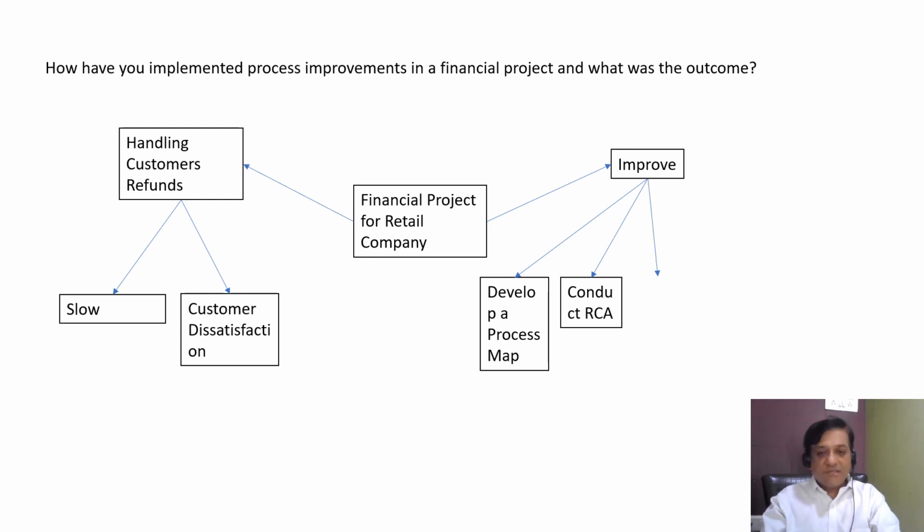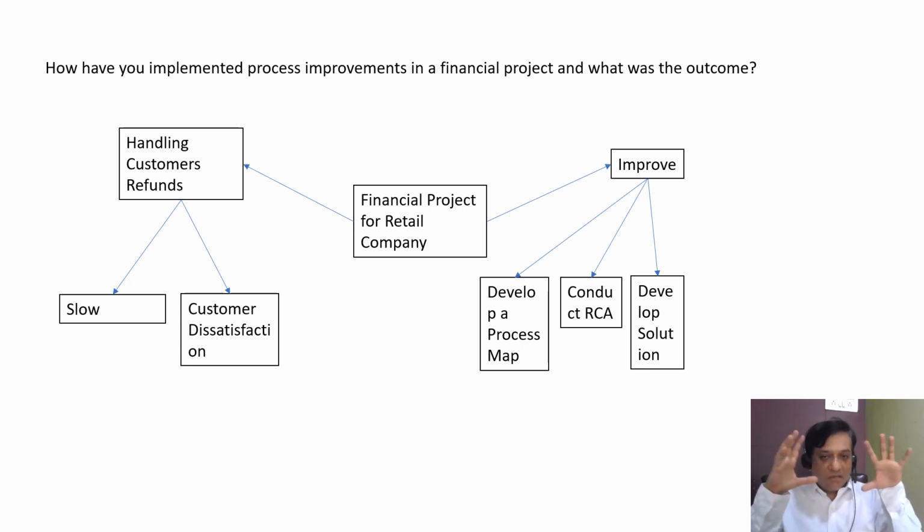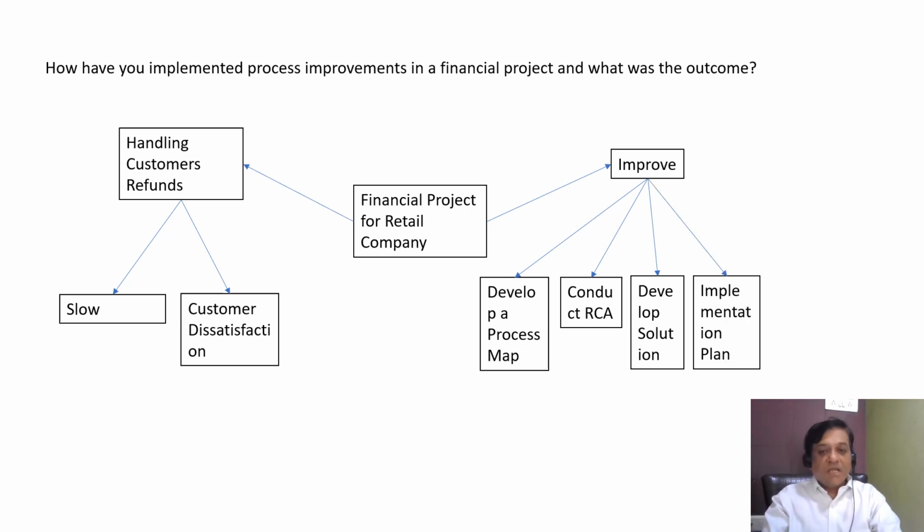Based on the RCAs conducted, you can develop a solution that you feel will be very good and will address all the RCAs that you have identified and the process maps you have created. Then you have to implement that plan.